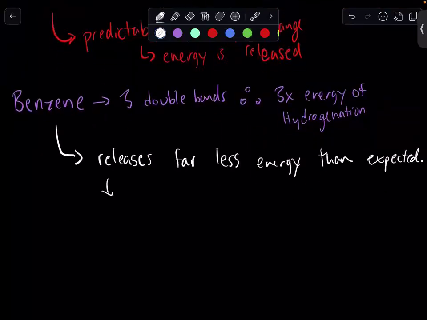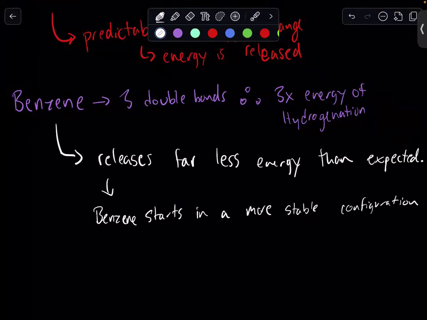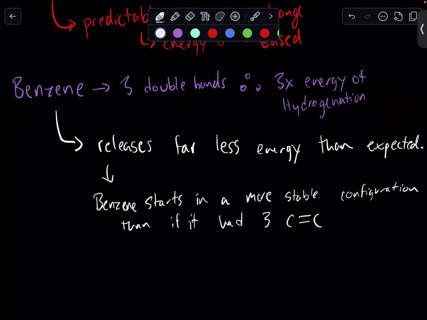What that tells us is that benzene starts in a more stable configuration than if it had 3 carbon-carbon double bonds. Because it starts from a more stable configuration, it starts at a place of lower energy and therefore loses less.